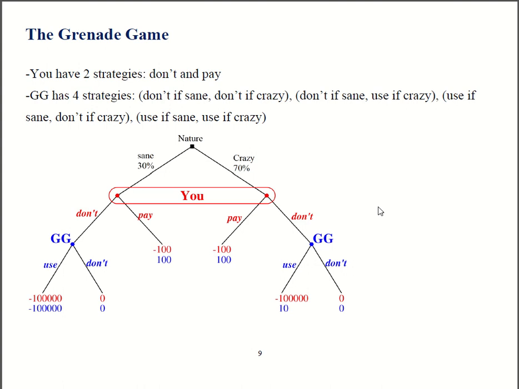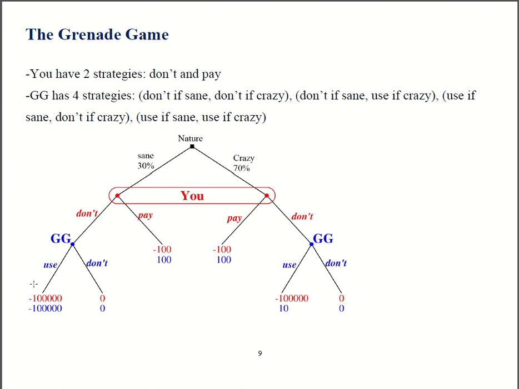Now Grenade Guy does know which node he's at. I intentionally did not draw the information set around these two nodes. Grenade Guy's going to know if he's sane. Grenade Guy's also going to know if he's crazy. He's going to know which one reflects his true payoffs. So Grenade Guy is going to have four strategies because he knows where he is.